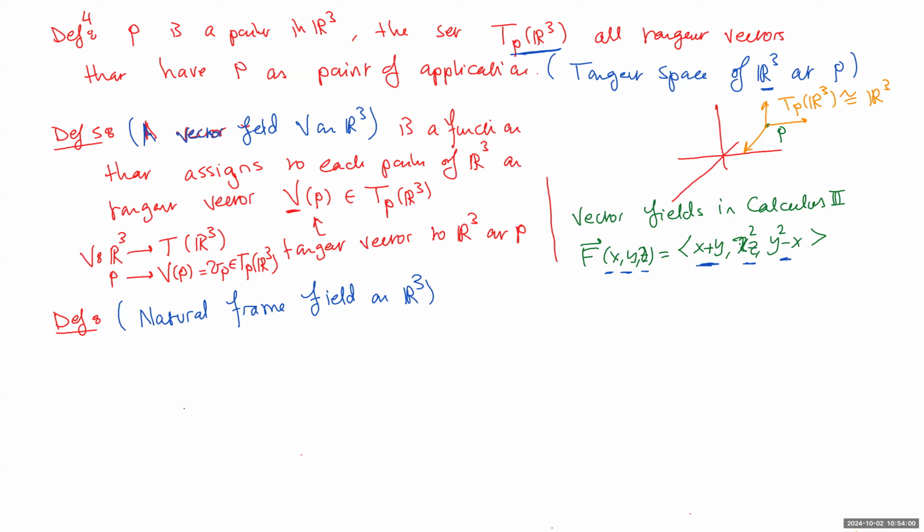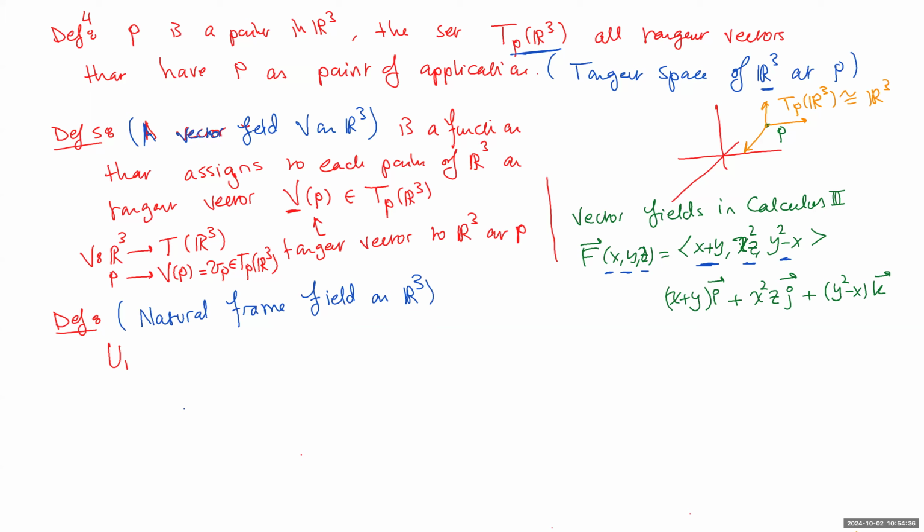The natural frame field on R3 is these 3 vectors, U. Remember, we also used to write the vector field in the I, J, K form. Now this is kind of different, but similar in some sense.